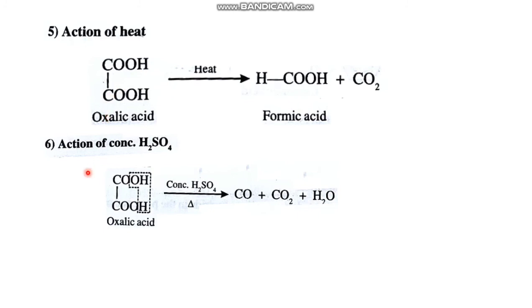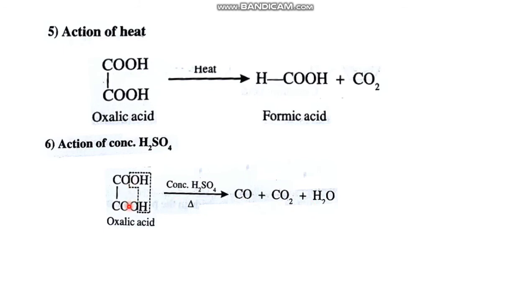Then next one, action of concentrated sulfuric acid. When we react this oxalic acid with concentrated sulfuric acid under a particular temperature, or simply we can say that when heated with concentrated sulfuric acid, oxalic acid yields carbon monoxide, carbon dioxide and H2O.